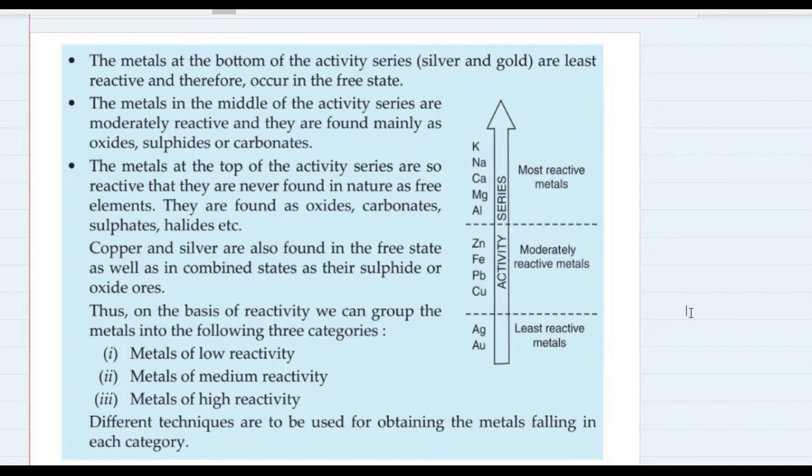And to choose an appropriate method depending upon the activity of the metal, we must know the position of that metal in the activity series. So the metals at the bottom of the activity series, silver and gold, are least reactive and they occur in their free state.